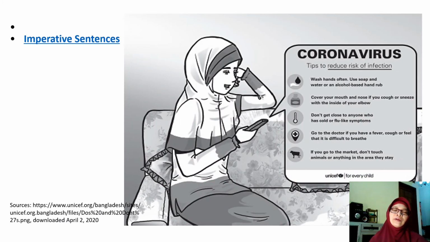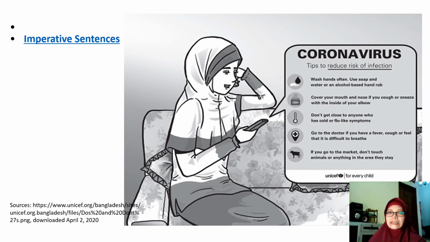And now we go on to the examples of other imperative sentences. Because now we are in the pandemic of coronavirus, I would like to give you some examples of imperative sentences concerning the coronavirus. Here, the tips to reduce the risk of infection.